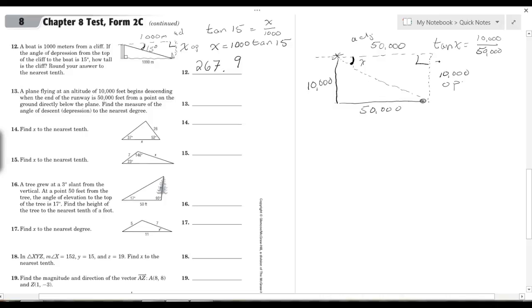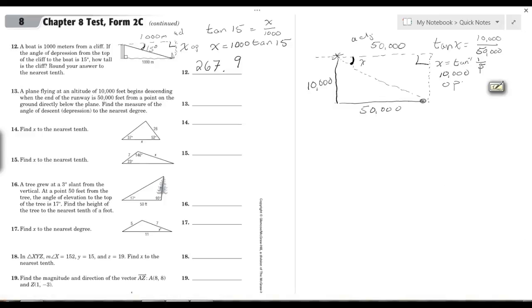So inverse x is going to equal the inverse tangent. And I'm actually going to simplify this right now. 10,000 goes into 50,000 5 times. So it's going to be the inverse tangent of 1 over 5.